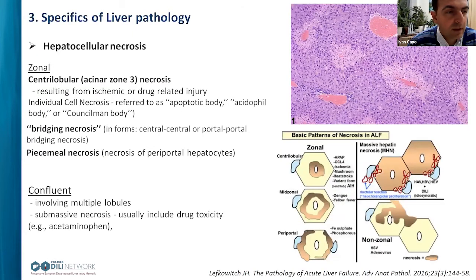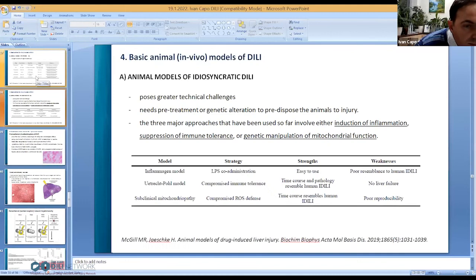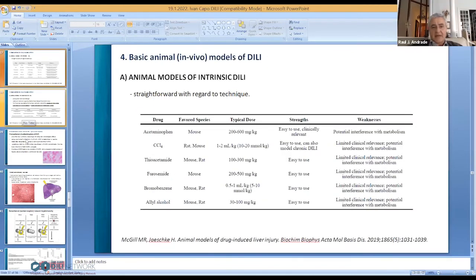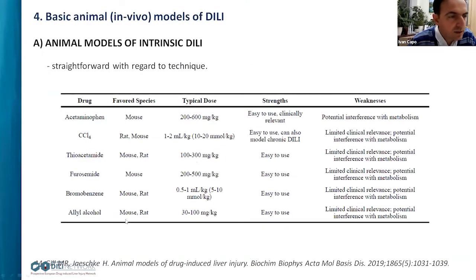The table says it's in mice and of limited clinical relevance, with potential interference with metabolism. I found in the literature that they use furosemide, but it's not as frequent as acetaminophen as an animal model.